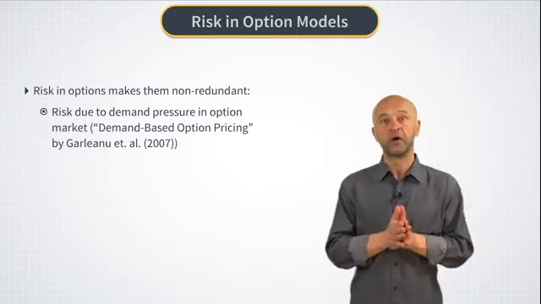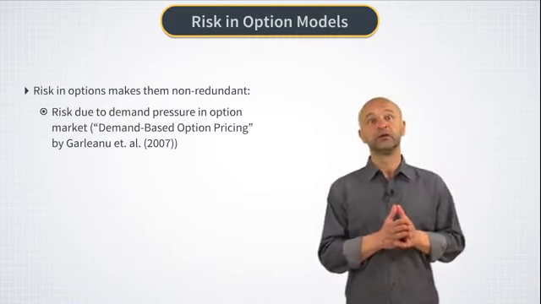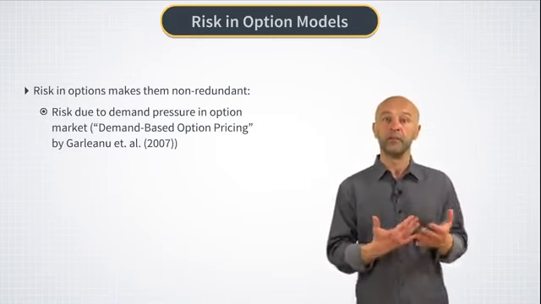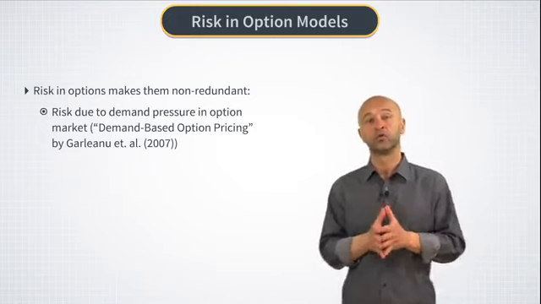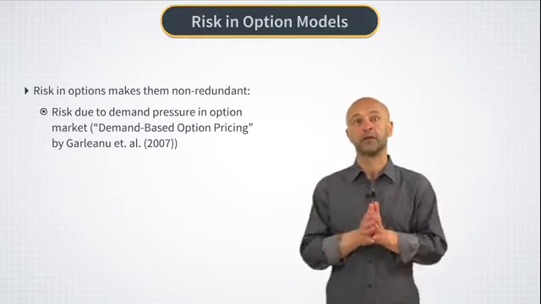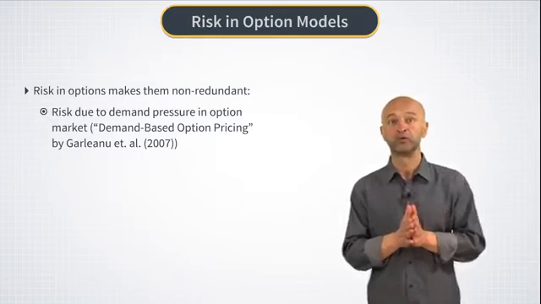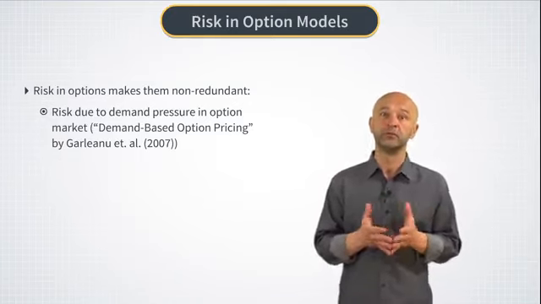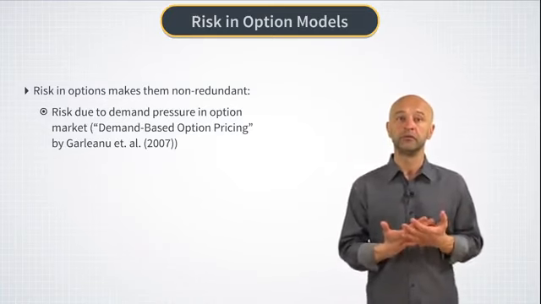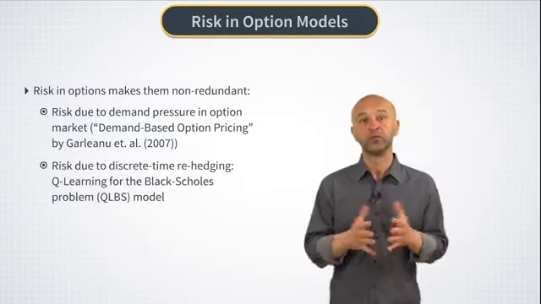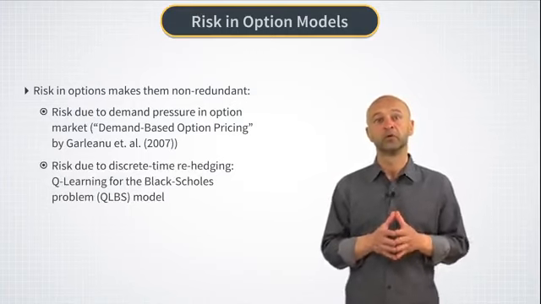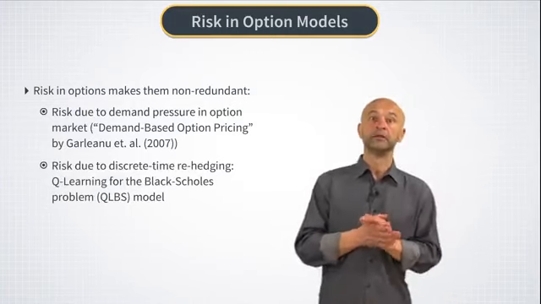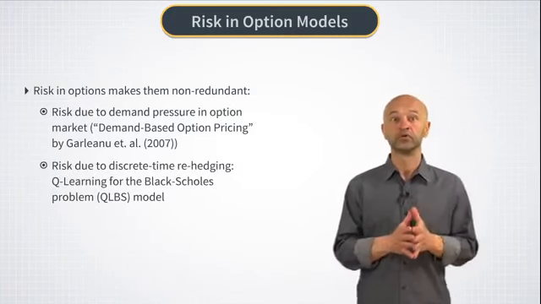Now, these authors found that the marginal increase in the demand pressure in an option increases its price by an amount proportional to the variance of the unhedgeable part of the option. And this sounds very similar to the net effect of risk in the model that we considered in the previous course. This model that I called QLBS model, as a short name for Q-learning for the Black-Scholes problem, deals with a discrete time hedging for an option.